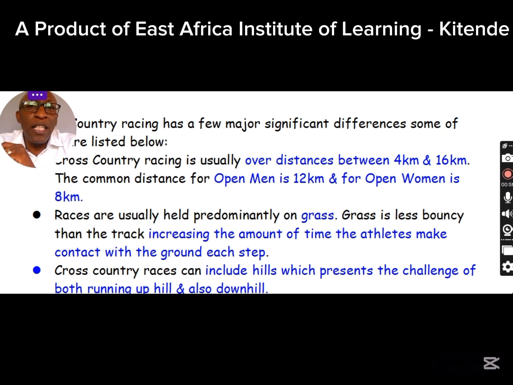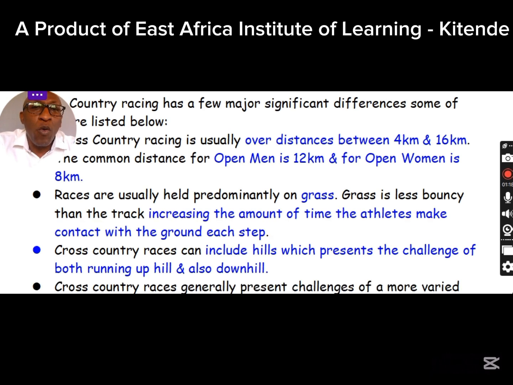Therefore, it increases the amount of time the athlete is making contact with the ground. Why? Because it is not bouncy. On a track surface, like within the Nambole, the bouncy aspect gets someone off the surface faster.